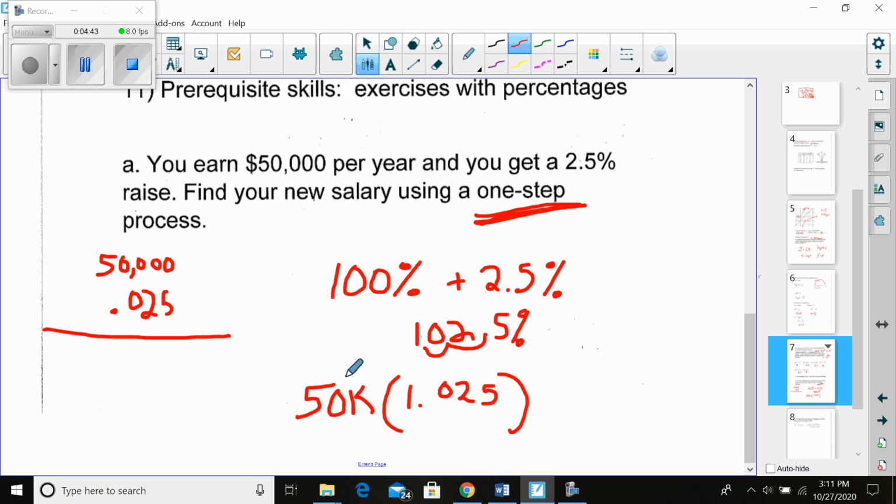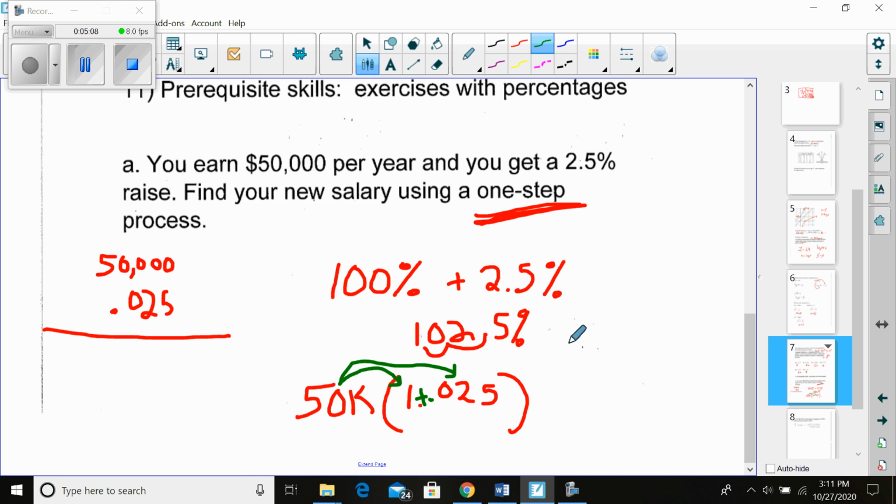1 times 50K, because I could think of this as putting a plus sign here and putting the decimal point right here. 1 times 50K is the 50K. Here is the 0.025 percent of the 50K, which is the raise. But I've done it all in one step.